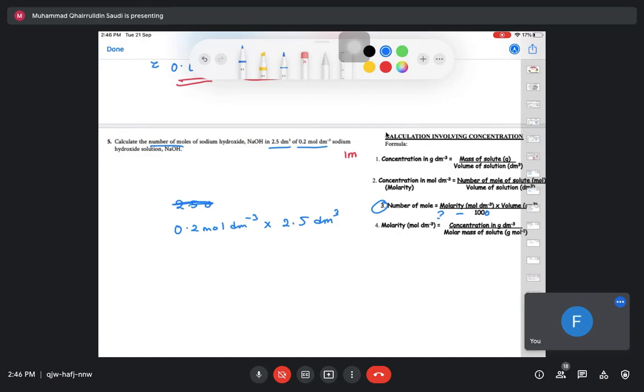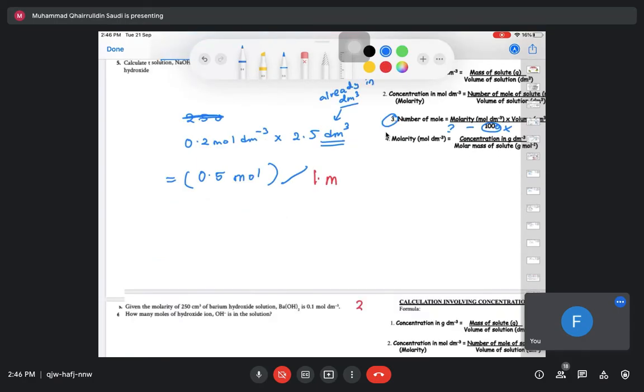No, because the unit for volume is already in decimeter cube. Press calculator and your answer will be 0.5. What is the unit for this question? Yes, good job. 0.5 mole, 1 mark. Without unit, no mark. Okay?